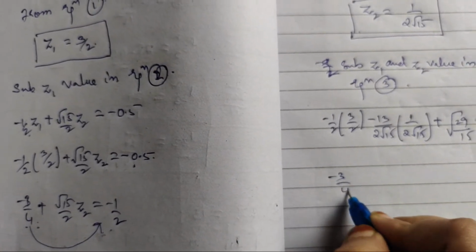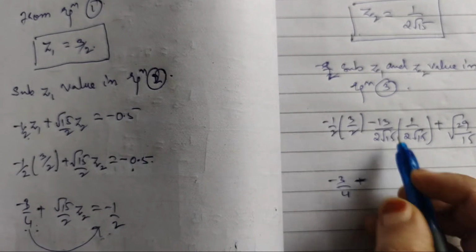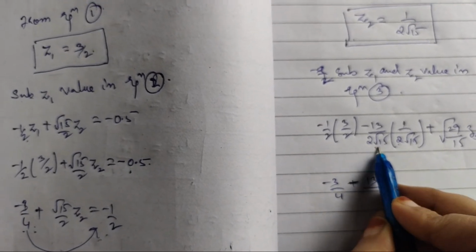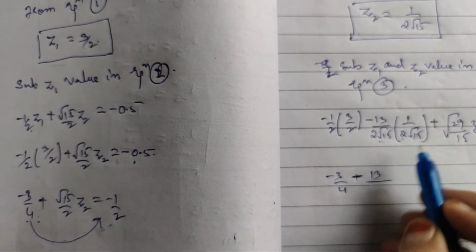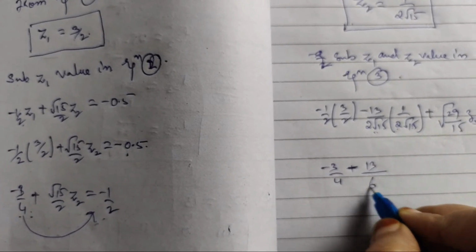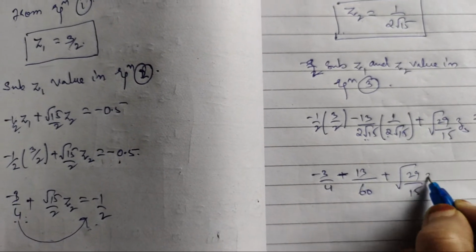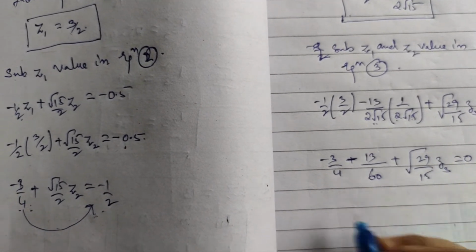Minus 3 by 4, then minus 13 divided by 2 into 2, 4, root 15 into root 15 is 15, so 4 into 15 equals 60, then plus root 29 by 15 z3 equals 0.